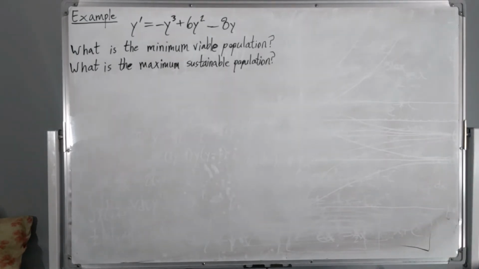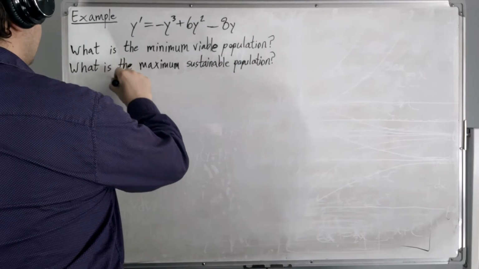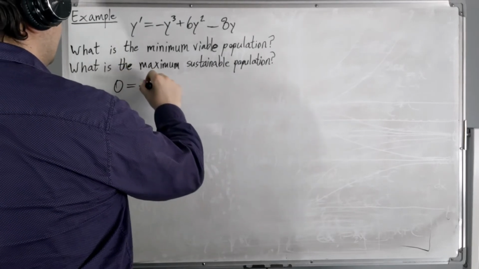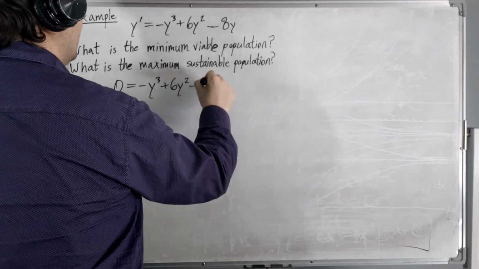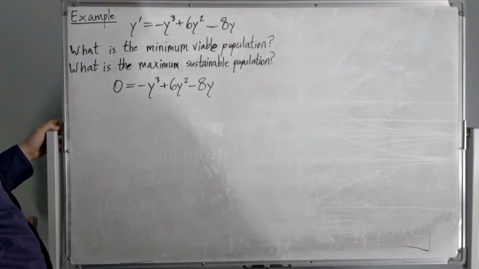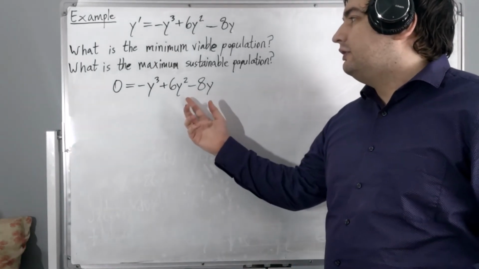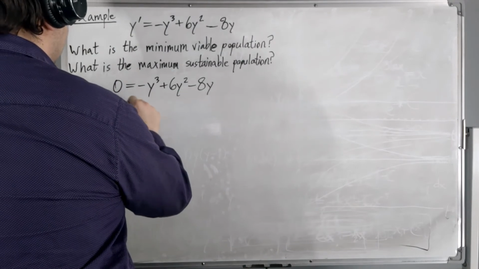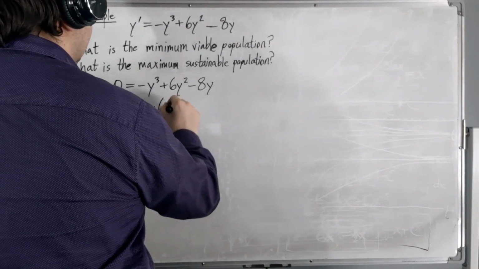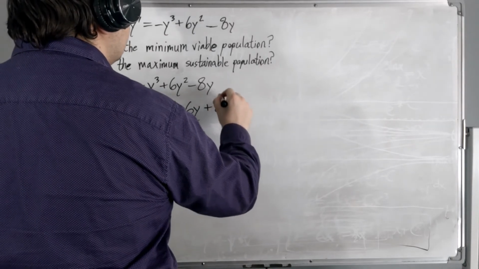So, we can handle this the way we would handle any other autonomous ODE. We say 0 is negative y cubed plus 6y squared minus 8y in order to find the equilibrium solutions. So now you can factor out a negative y and get 0 equals negative y times y squared minus 6y plus 8.